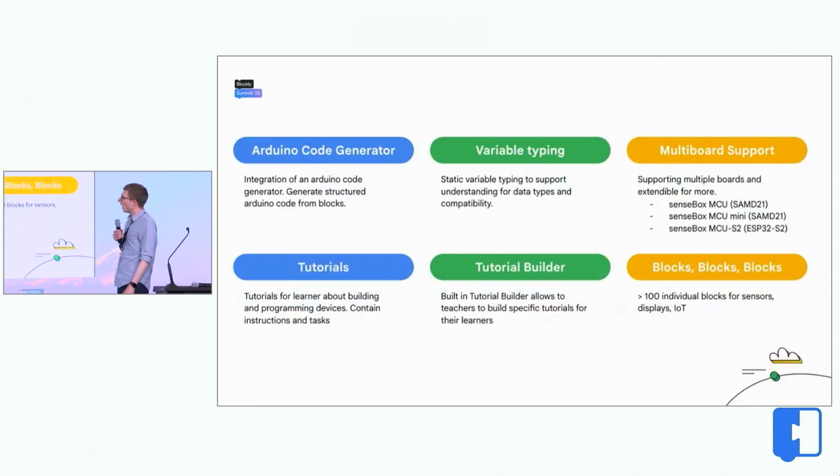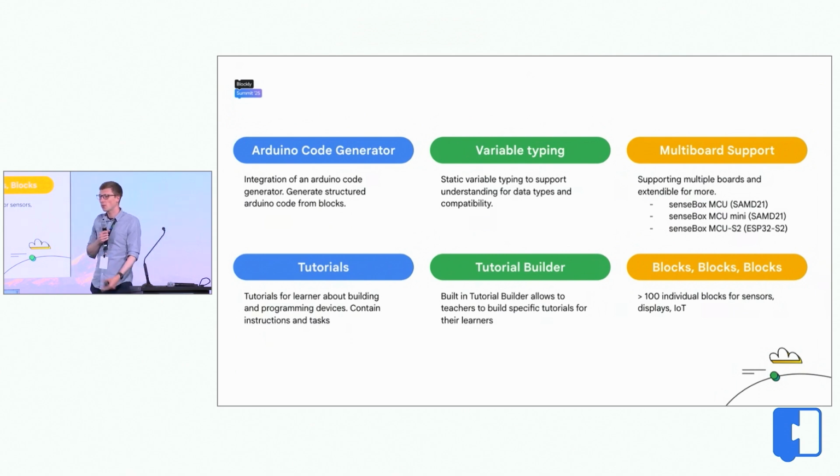The key features are like, we created a complete new Arduino code generator to be able to structure the code. We have a multi-board support which can be extended by other boards, so it's not limited to the senseBox hardware. We have static variable typing and also show the type inside the block so that it's also not hidden from the users.